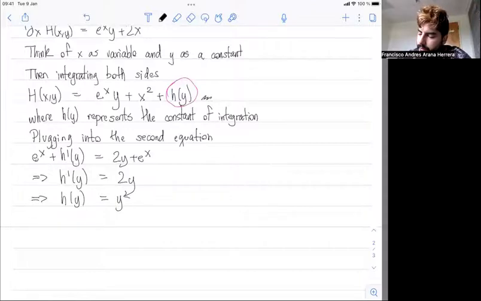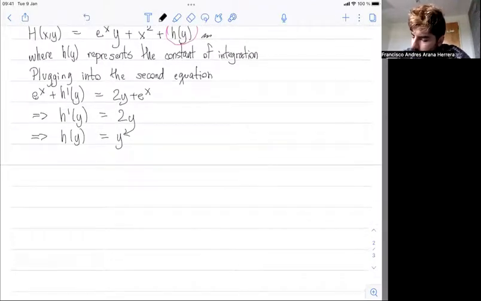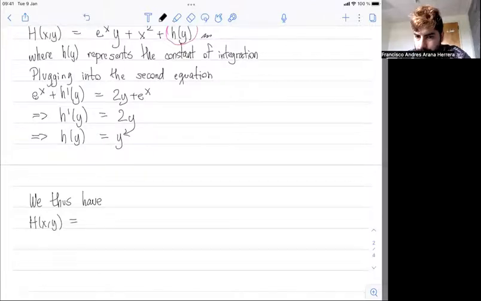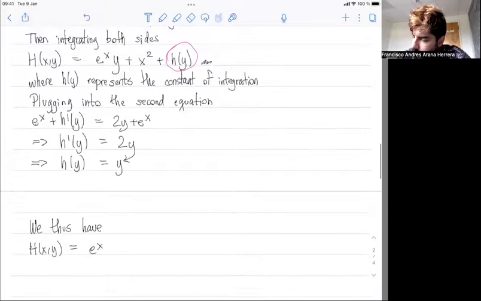So at the end of the day, we thus have that h of xy is equal to, let's go back up, e to the xy plus x squared plus h of y, which is down here.